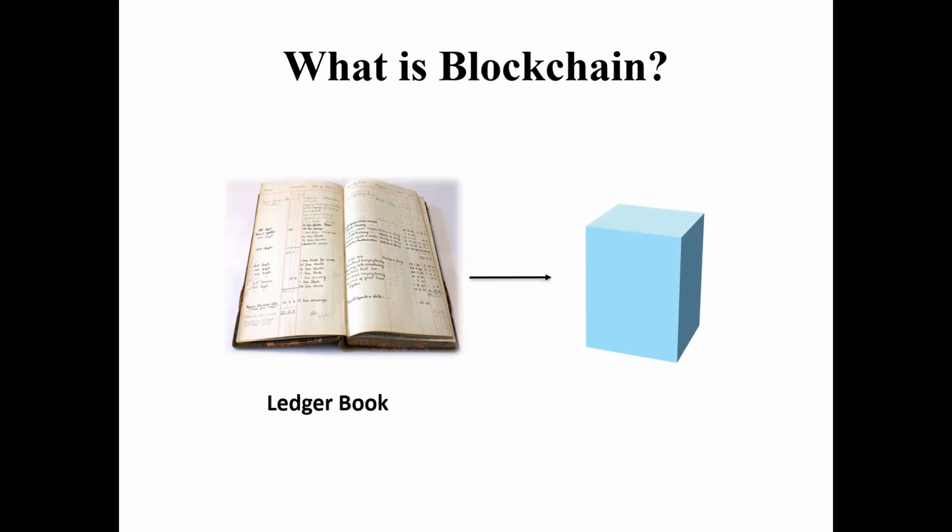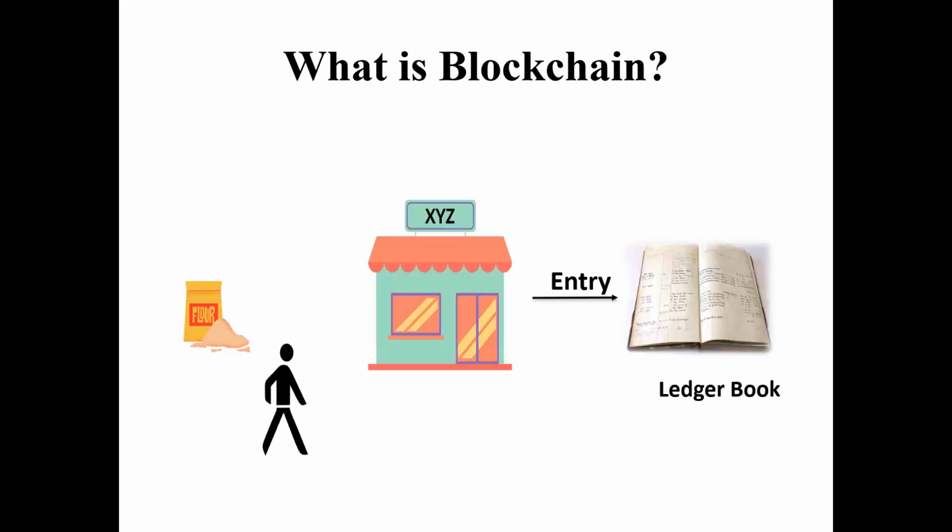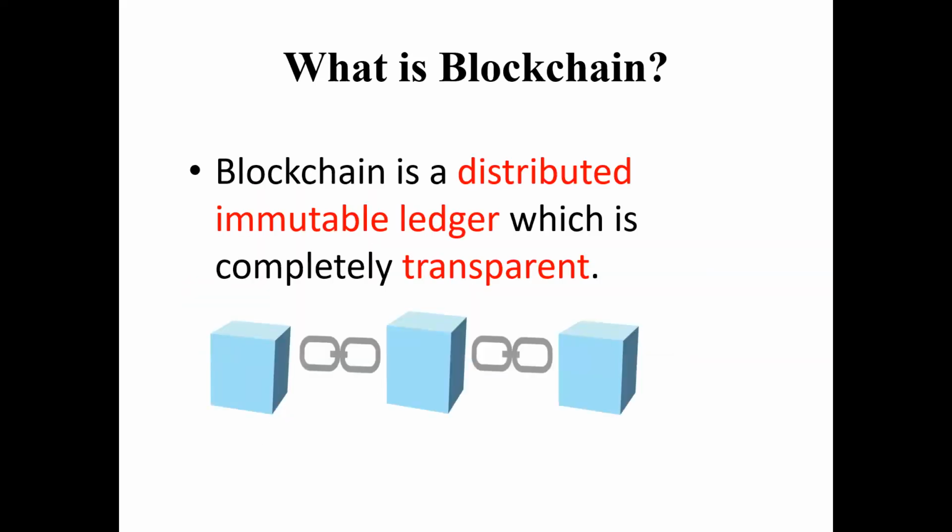Once you add any entry in that block, it cannot be changed. So block is basically a digital ledger, and whatever entry you put in that block cannot be changed. That is why it is called an immutable ledger. I hope you understand the term immutable ledger, right?